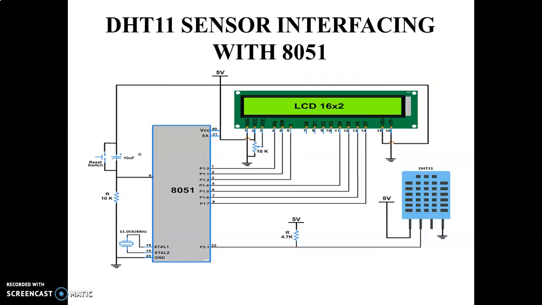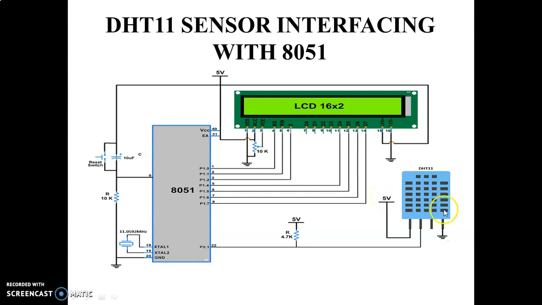Moving on to the DHT11 sensor interfacing with 8051. So this DHT11 is a single wire digital humidity and temperature sensor which provides humidity and temperature values serially. It can measure the relative humidity in percentage and temperature in degrees Celsius in the range of 0 to 50 degrees Celsius.